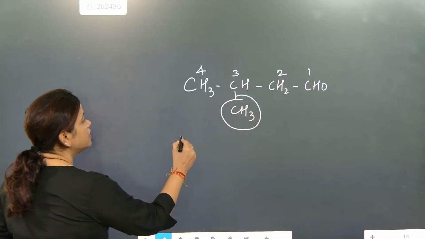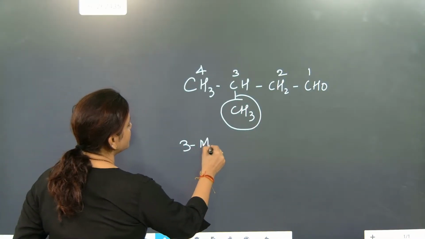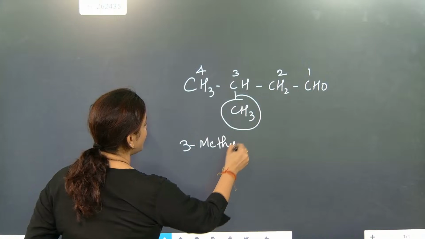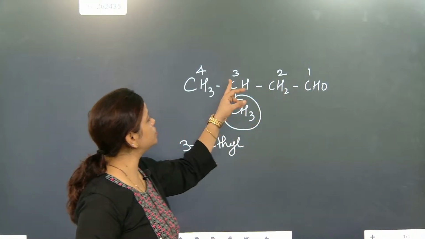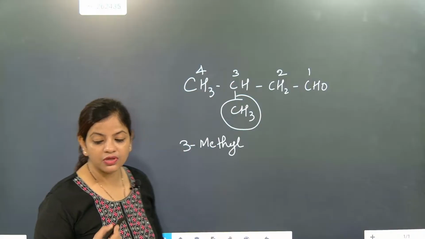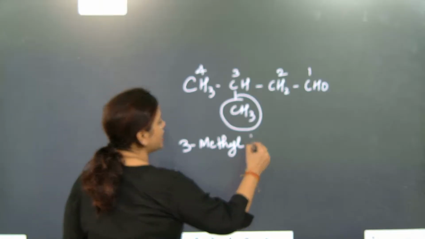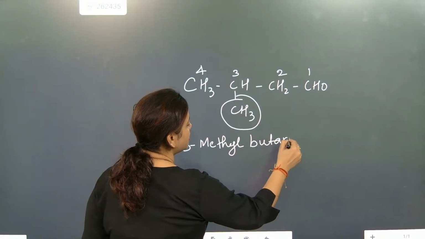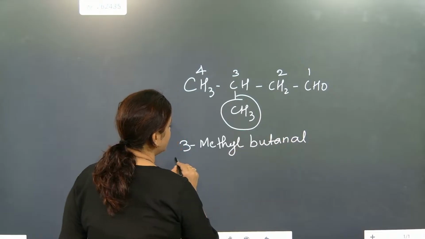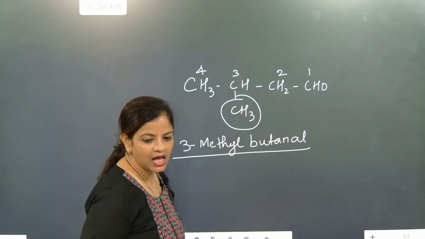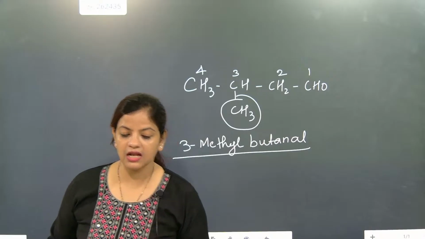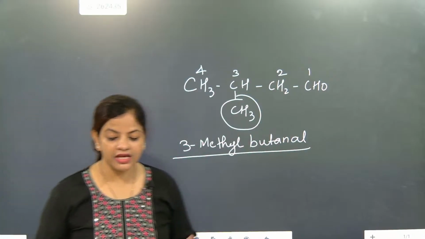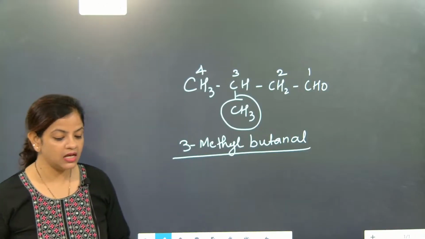Now what is the main parent chain, beta? 1, 2, 3, 4, that is butane. 3 methyl butane, remove E, add al. It is considered 3 methyl butanal. Very good.